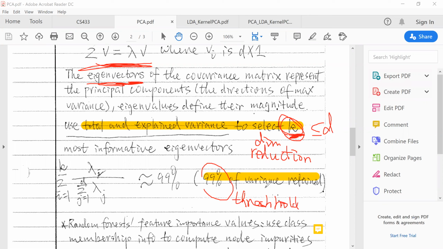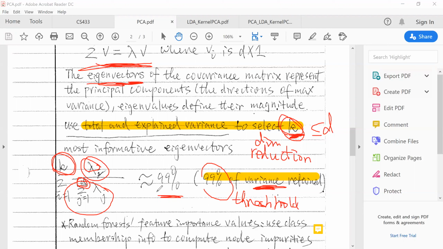Normally, you can define a certain threshold. You say, I want to keep a certain percentage of the variance. Then you use the eigenvalues. Here is a summation of the eigenvalues over all of your original feature space. You try out: if I use one eigenvalue, will it achieve the threshold? If I use two and sum them up, will that achieve it? Suppose you define 99% as the variance you want to retain.